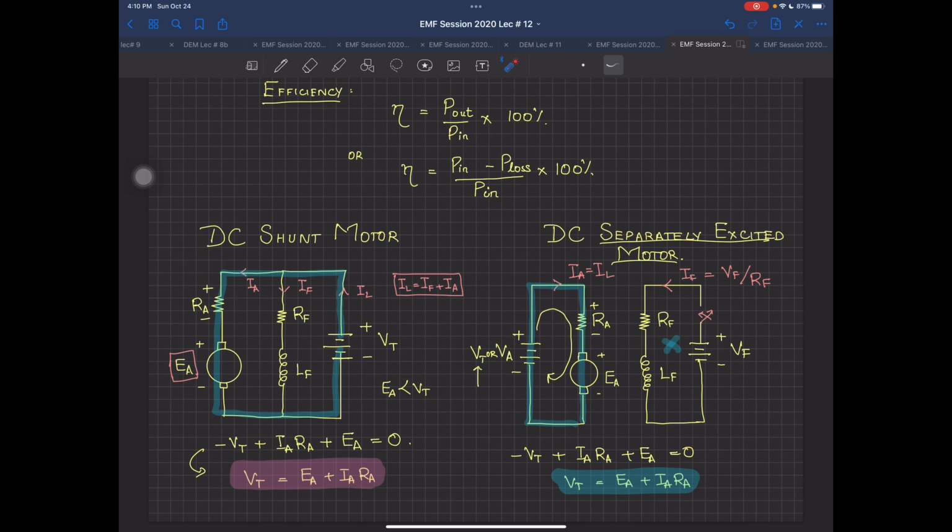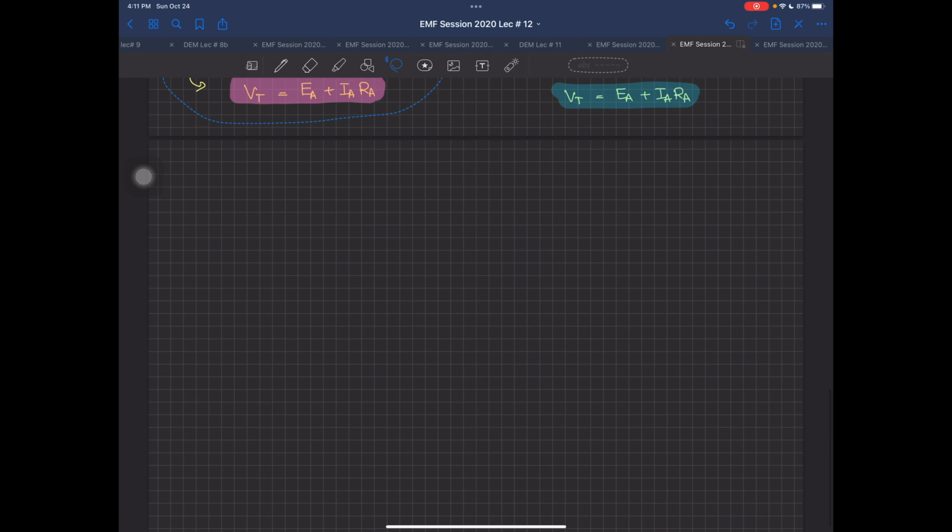Now, just a small analysis before I conclude this lecture. When you are talking about a DC shunt motor or DC separately excited motor, let me take all this and write it down on the next page. So I have this one, and I have this one over here.